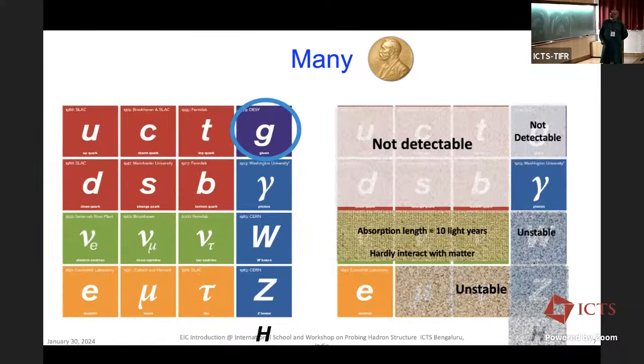Our aim is to focus on the glue this time. The problem with the standard model of what we know is that most of these are not detectable, or they are very unstable. So experimentally, when we actually explore, we have very few stable means to measure them.